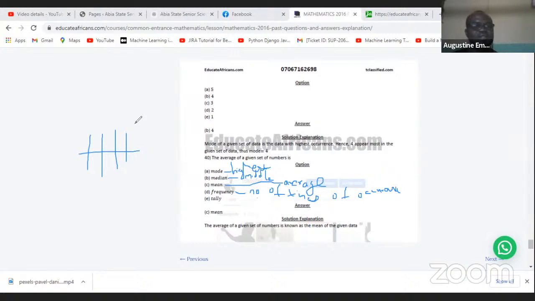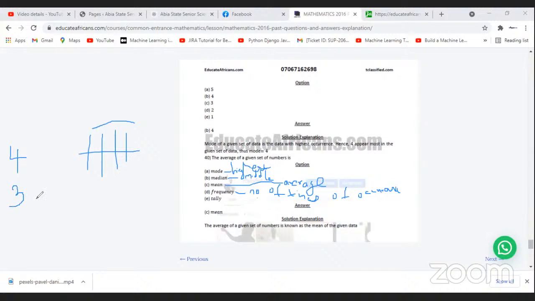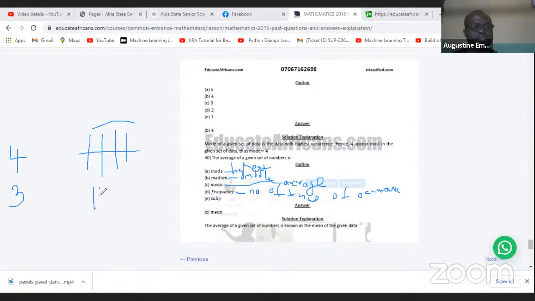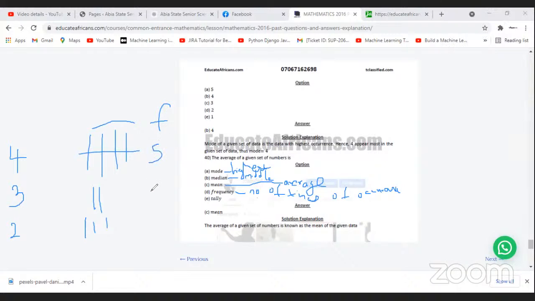Let's say that 4 is occurring 5 times; that is how you use tally to represent it. If 3 is occurring 2 times, this is how you use tally to represent it. If 2 is occurring 3 times, this is how you represent it. When you represent the frequency in this form, call it tally, whereas when you represent it in the actual form, call it frequency.